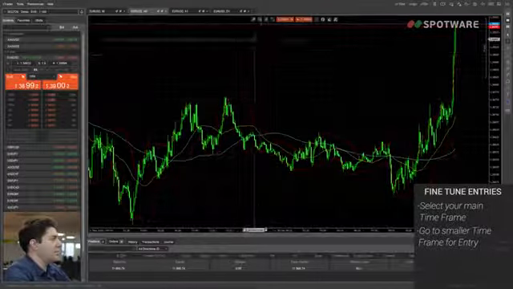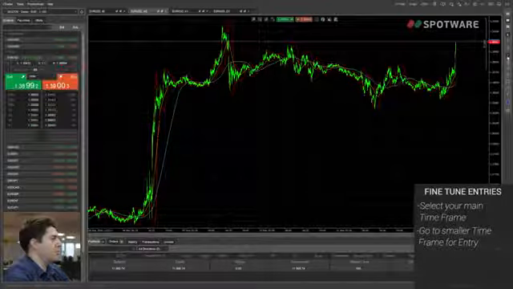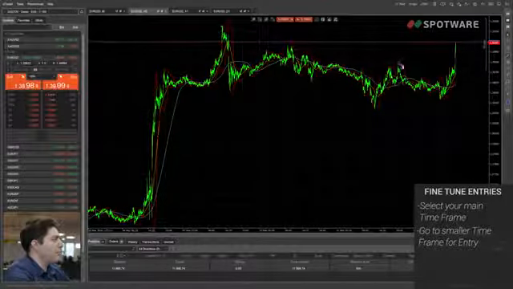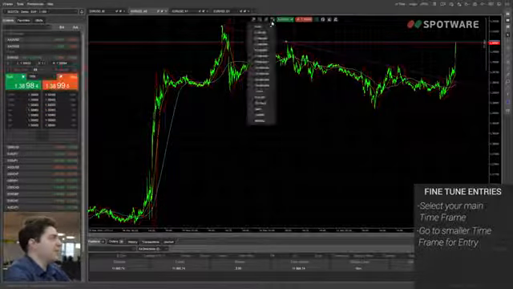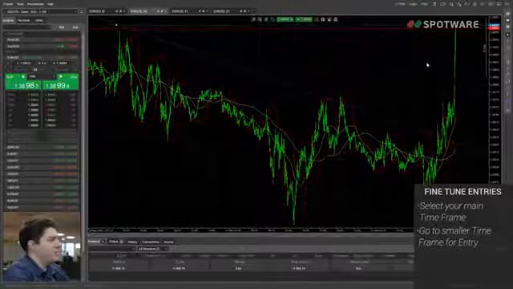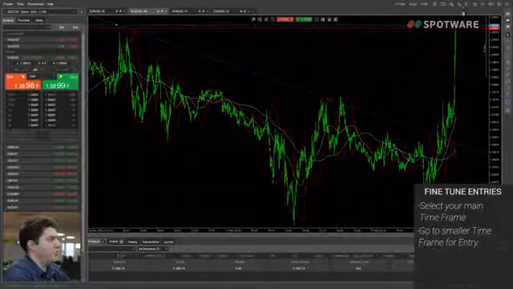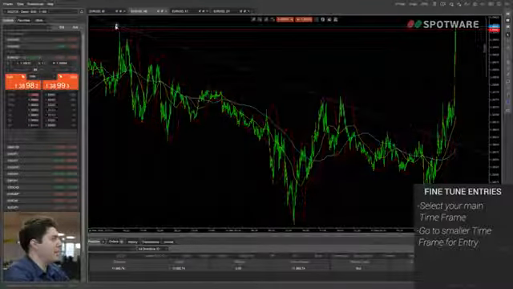We're going to find our support and resistance levels, or we're going to draw our indicators, or our trend lines here, and we're going to find the most appropriate place to enter. We're going to get the best price. This chart is not a good representation of what I want to show you, unfortunately, because the price is spiking, but anyway, you get the idea.